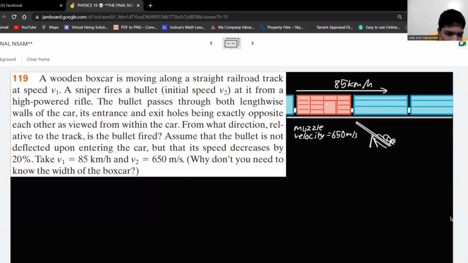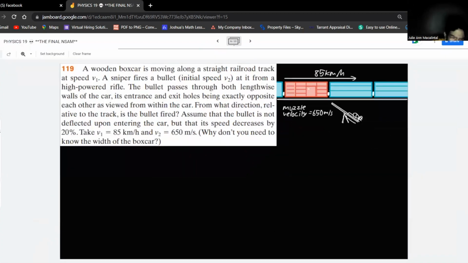Ganito. We don't know how to solve this yet, right? So let's try simplifying the problem first. If gravity is ignorable, let's say ignore gravity. So, ang mangyari, same level. Can you solve the problem kung gravity is ignored? Probably po.